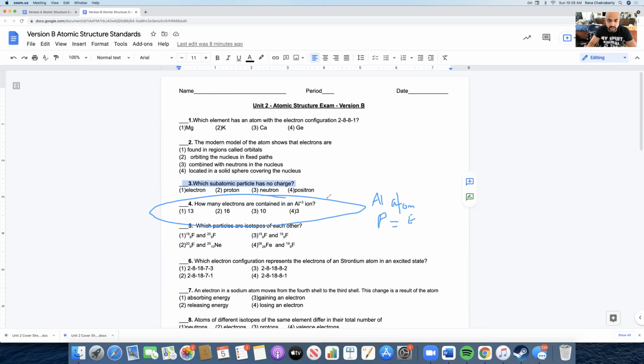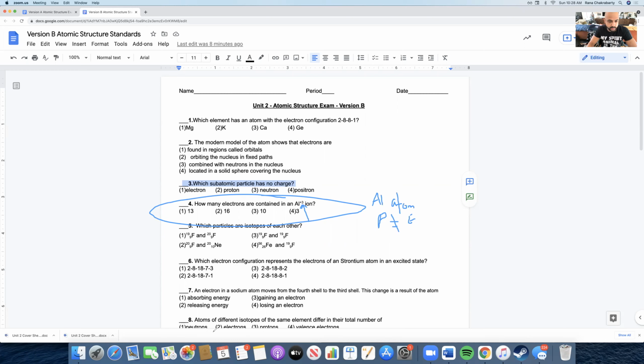When you see the word ion, your brain should say, oh, protons do not equal electrons. So if they do not equal, is it more or less? When you see a positive charge, it is less electrons. You see a negative charge, it's more.